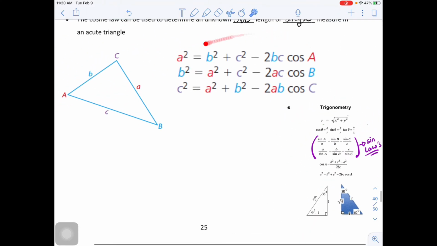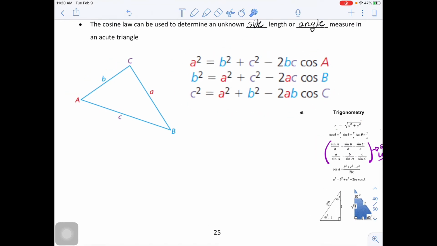So here is the first sine law or cosine law. Again, we are notating our side lengths with little letters or lowercase letters, and then capital letters for our vertices or our angles. Recognize when you're solving for a specific side length, you are using the cosine of the opposing or opposite angle, okay? And then you're just dealing with the side lengths.